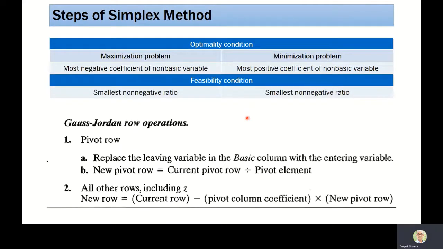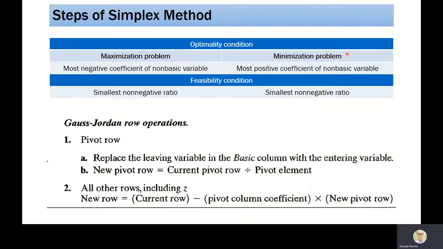Now I'm coming back to the simplex method to recap the same thing. We have two conditions. One is called the optimality condition. Just now we solved a maximization problem. For a maximization problem, we look for the most negative coefficient of a non-basic variable in the Z row.